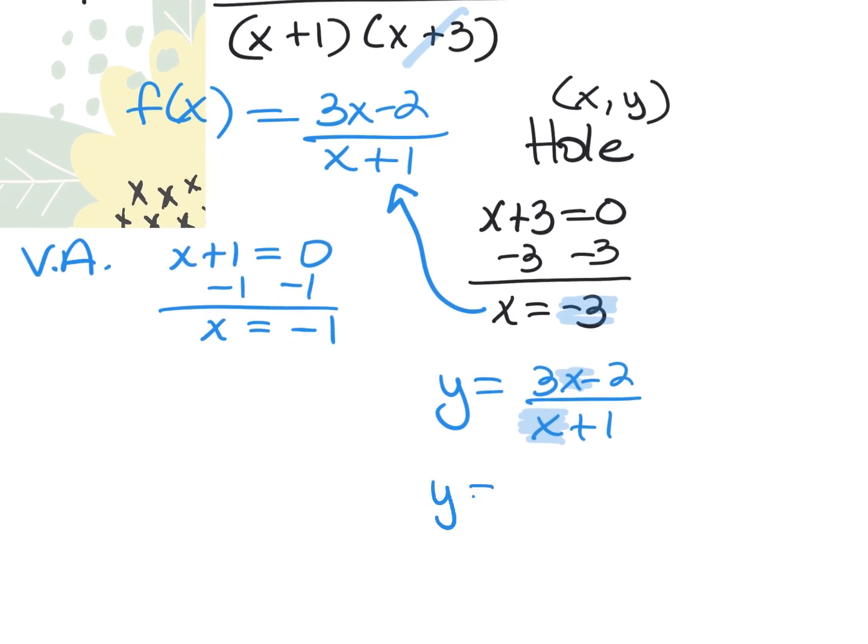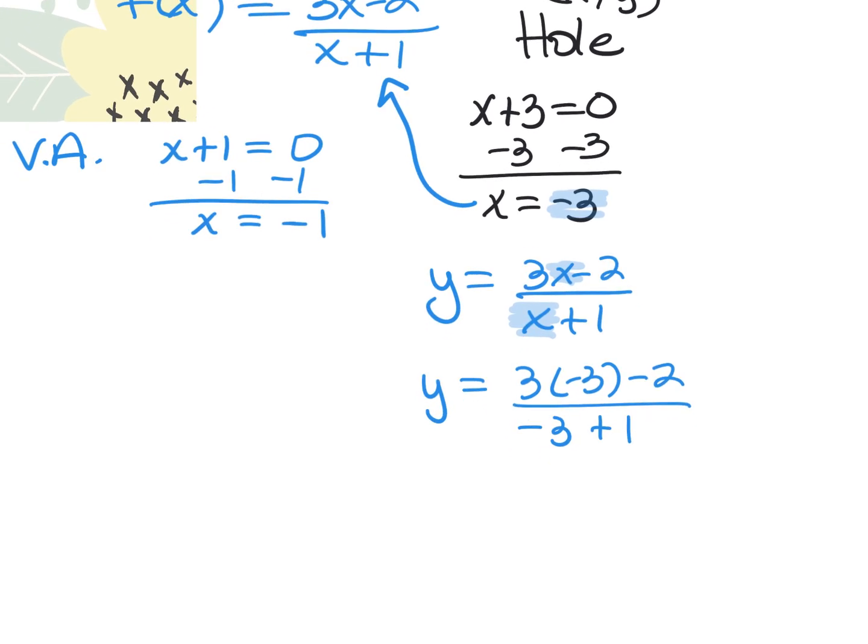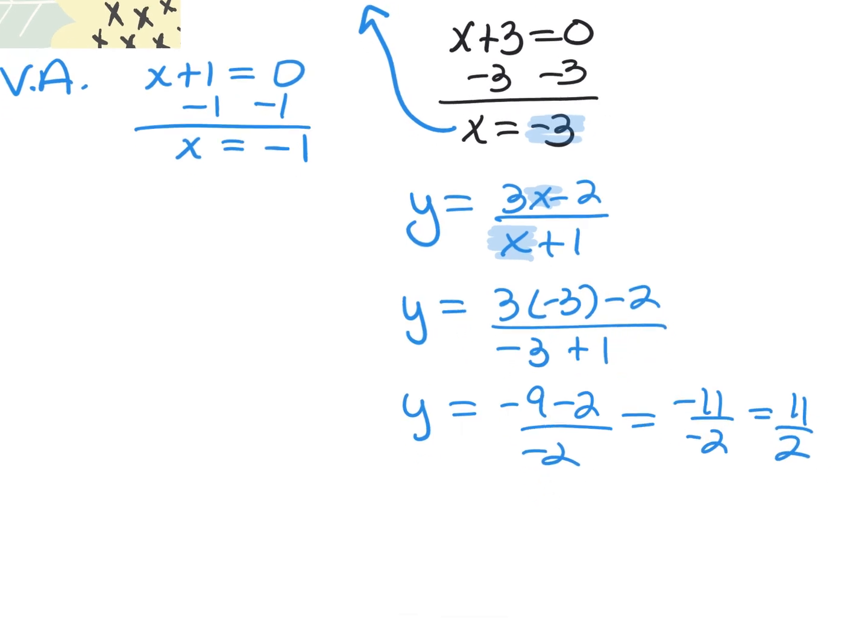So y equals 3 times -3 minus 2 over -3 plus 1, which is -9 minus 2 over -2, giving me -11 over -2, which simplifies to positive 11 over 2. Yes, Bradley.